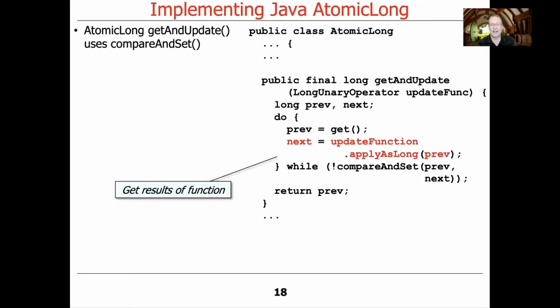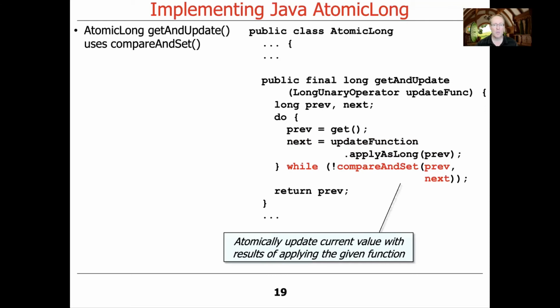And then it goes ahead and it calls the update function apply as long method on the previous value. So that takes the previous value and it returns a new value, or the next value. And then we're going to loop using compare and set until we can atomically replace the current value with the result of updating it. And so this is a way of, again, doing a more generalized update.